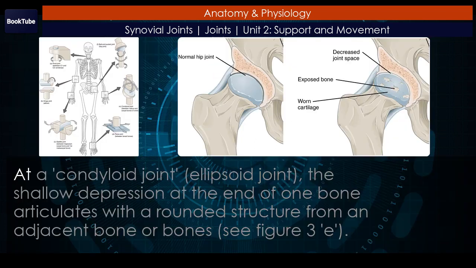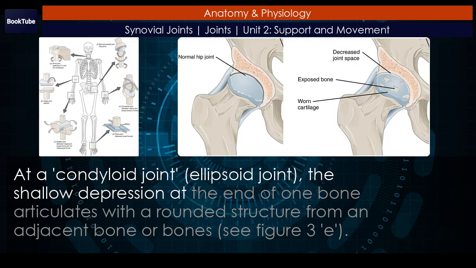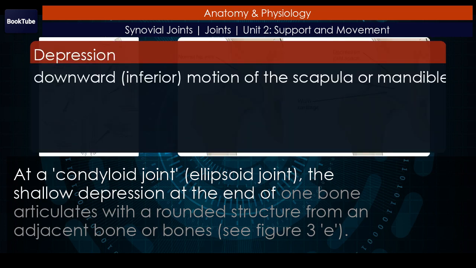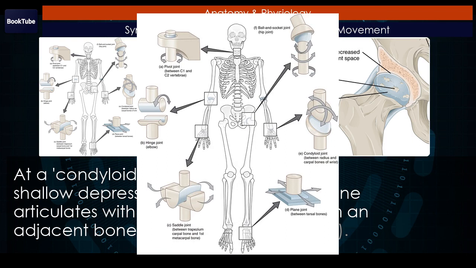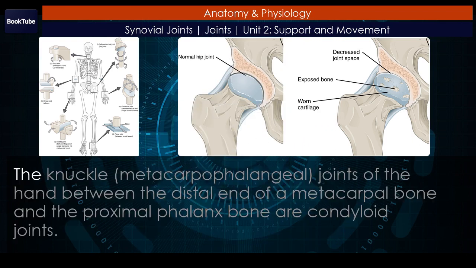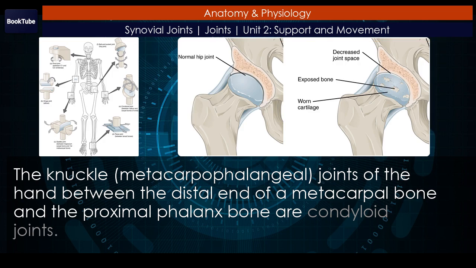Condyloid joint. At a condyloid joint, or ellipsoid joint, the shallow depression at the end of one bone articulates with a rounded structure from an adjacent bone or bones. See Figure 3e. The knuckle, the metacarpophalangeal joints of the hand between the distal end of a metacarpal bone and the proximal phalanx bone, are condyloid joints.